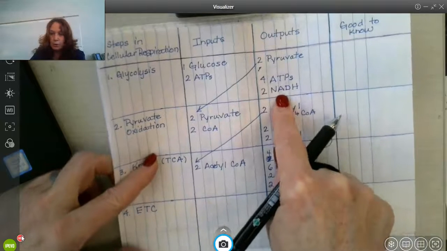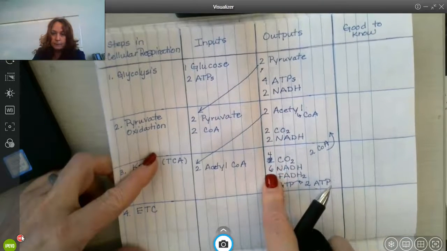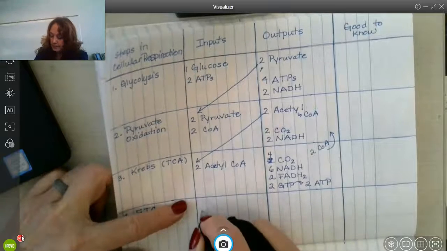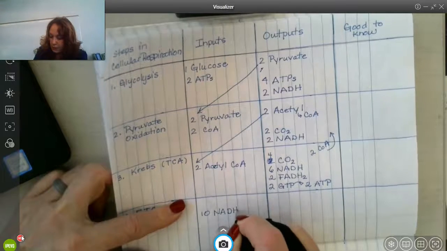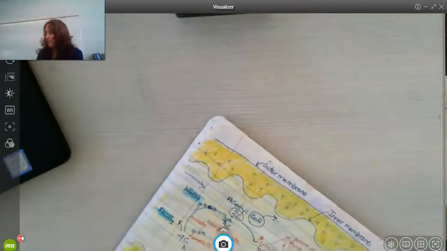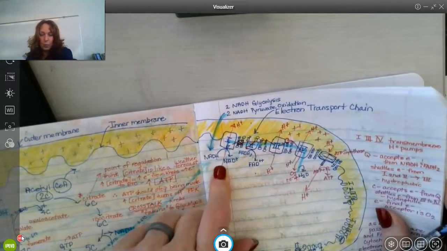You've got 2, 4, 10 NADH that are going to take their electrons and drop them off here at complex 1.